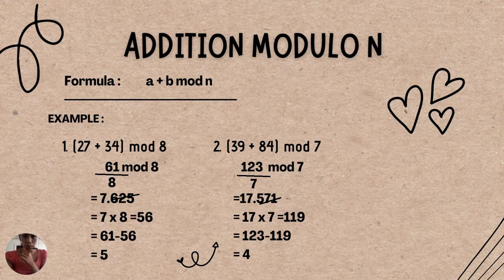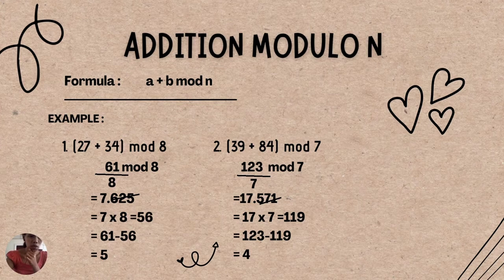For addition modulo n, the formula is a plus b mod n. Example number 1: 27 plus 34 mod 8. 27 plus 34 equals 61, divided by 8 equals 7.625.